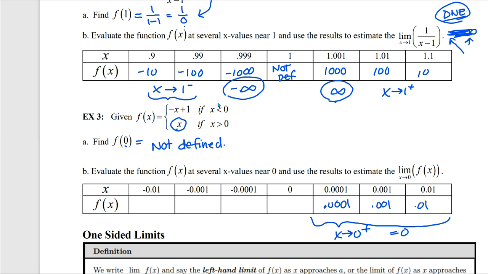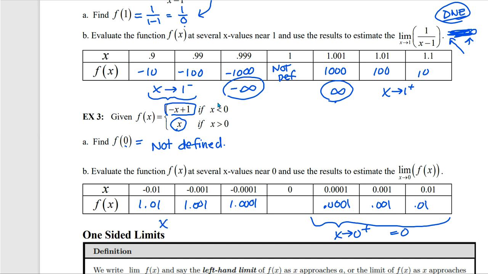Okay, now from the left, if you were to go in, we could type this into our calculator and look at these values, or you can do it by hand. It's not that hard. Or you can just wait and I'll give you the answers. Like most of the time, that's the option I would pick. Let the teacher do it. Okay, 0.0001. Okay, so notice these are all not approaching 0.